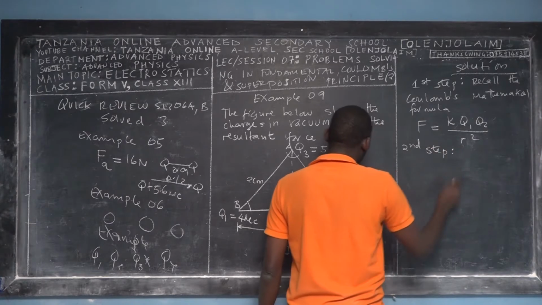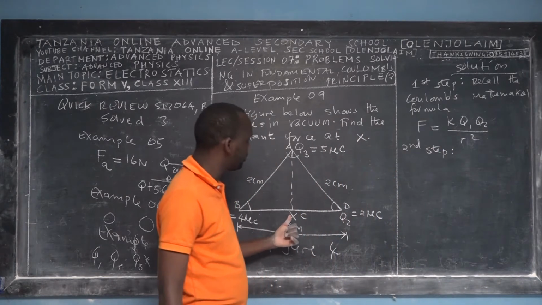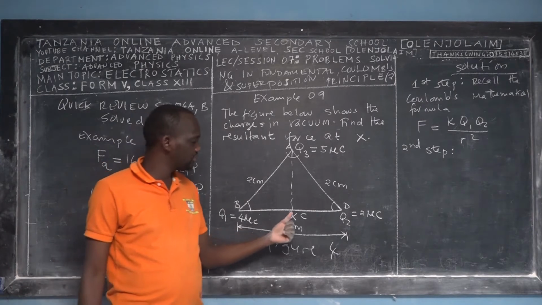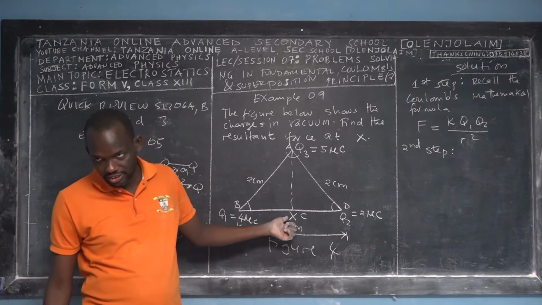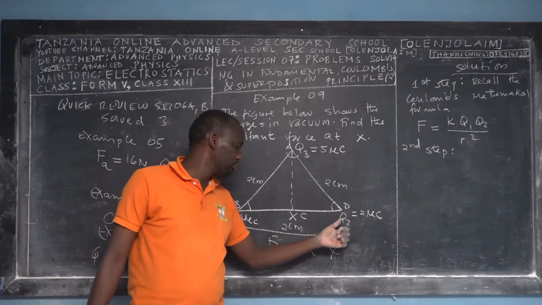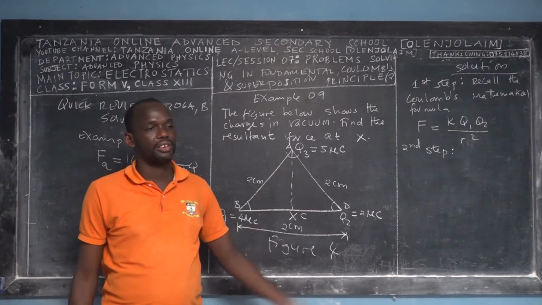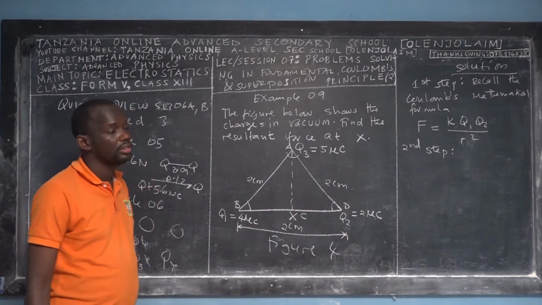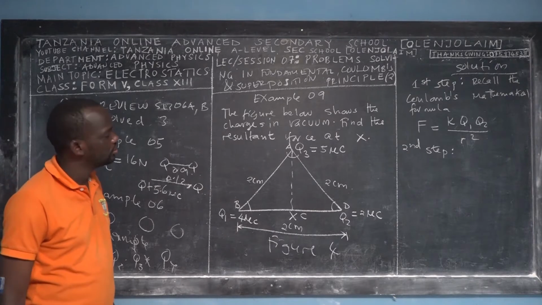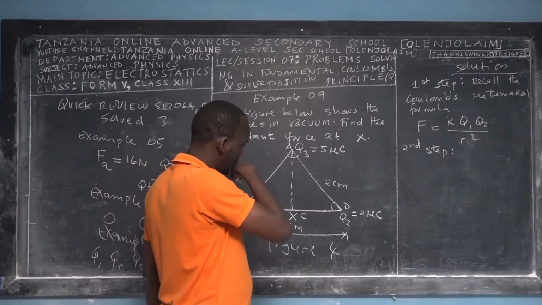After recalling that, we go to the second stage. We want to see the force of repulsion or attraction experienced by the charge at X due to Q2, Q1 and Q3.